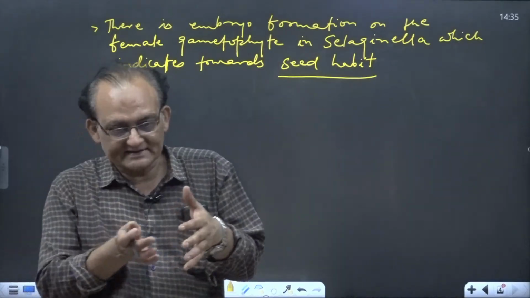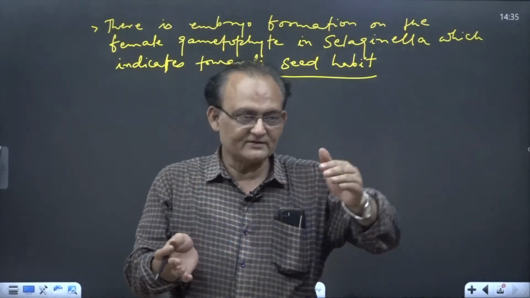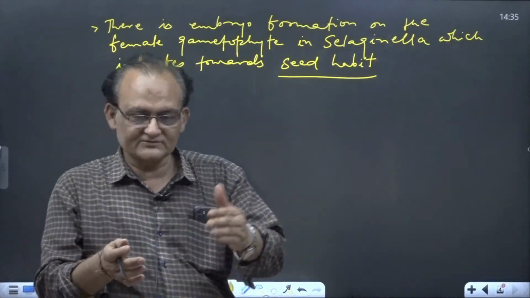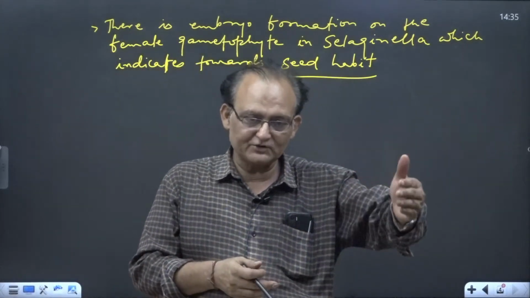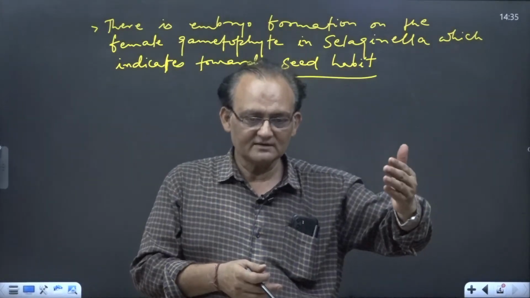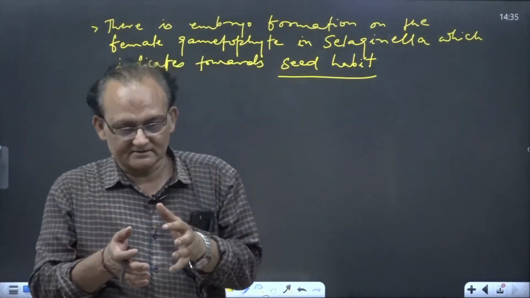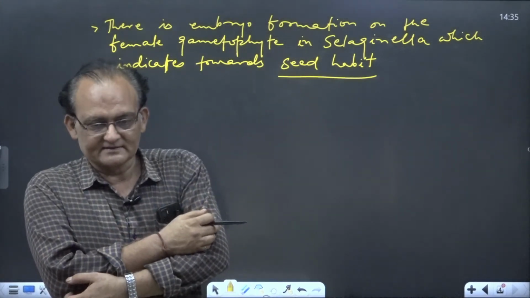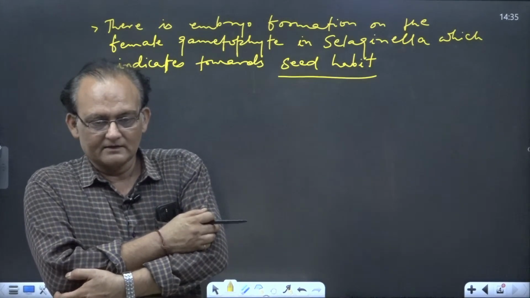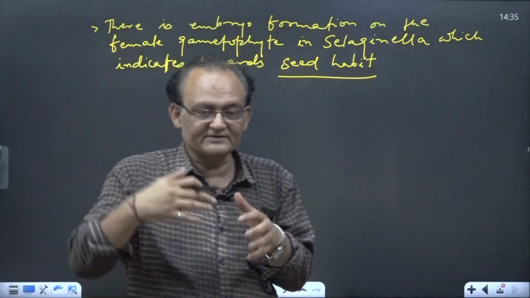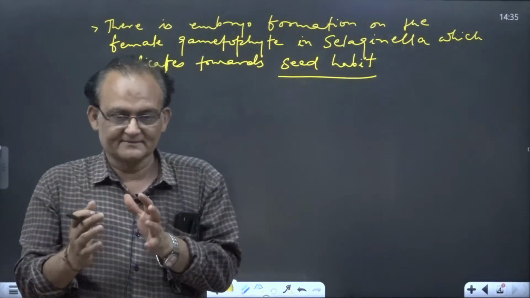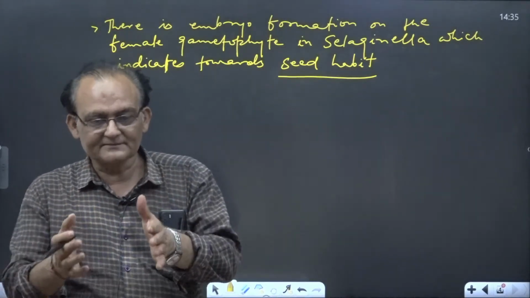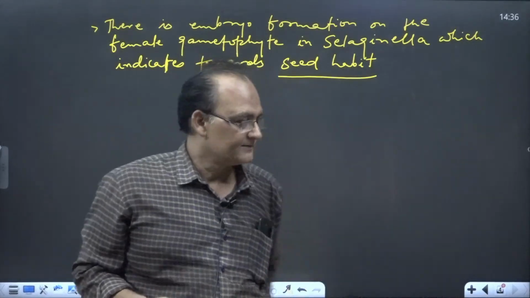So which is a tendency towards seed habit. In normal angiospermic plant, what happens is that there is a formation of zygote and then embryo and then the new plant. So this is an indication towards the seed habit which is found in case of Selaginella. Clear? So it has a feature which is similar to higher plants. Similarity, not exact but similarity, right?